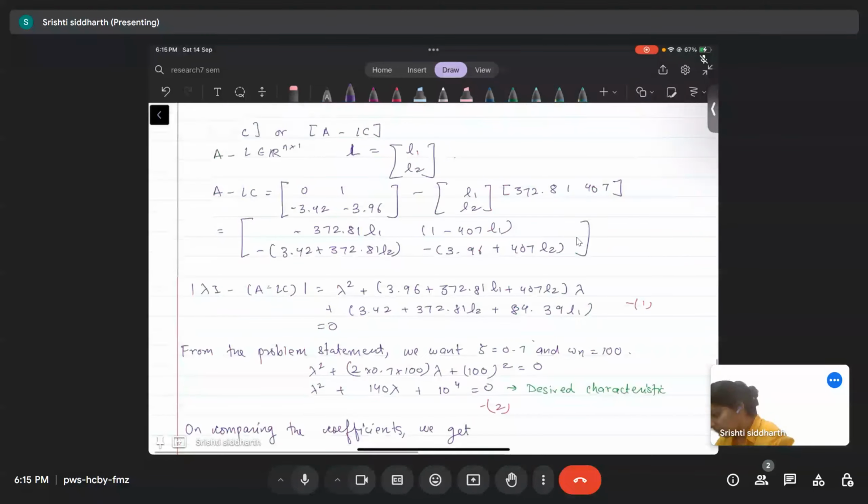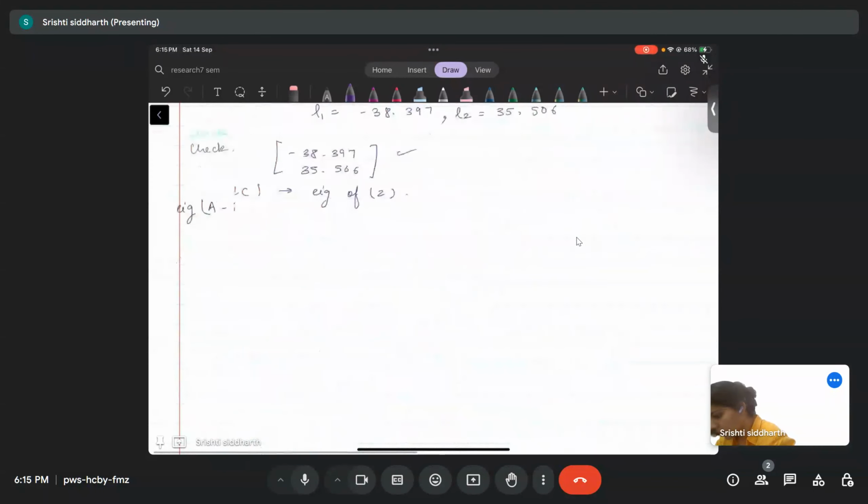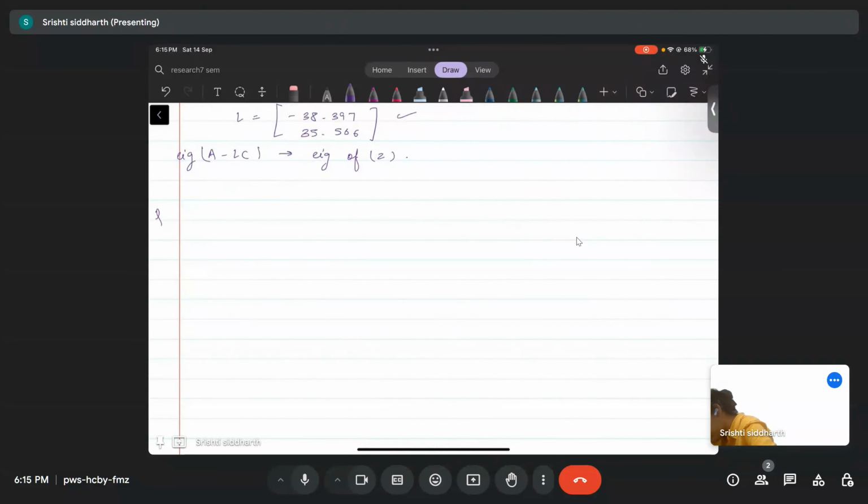Alright, so let's look at another question which uses Ackermann's formula for observer design. So we have question 4. Let's say that we have a system x dot equals Ax plus Bu, with y equals Cx, with A as 0, 1, 0, 0, B as 0, 1 and C as 1, 0.